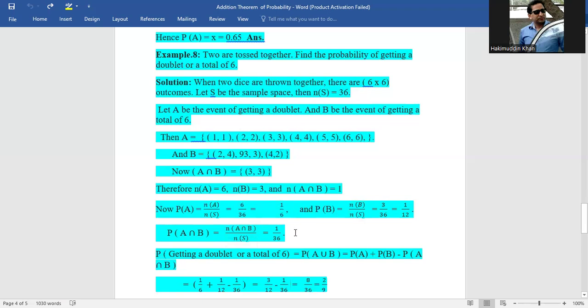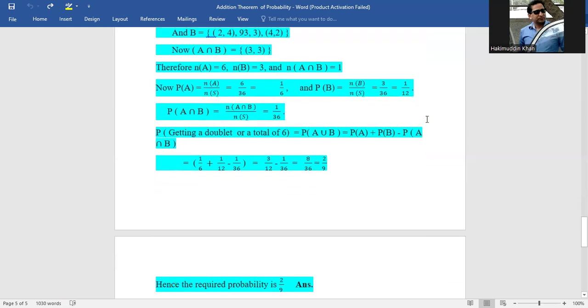So P of getting a doublet or a total of 6 equal to P of A union B. So we have to calculate here P of A union B equal to P of A plus P of B minus P of A intersection B. Write down all the values here. 1 by 6, the value of P of A, plus 1 by 12, value of P of B, minus 1 by 36, value of P of A intersection B. So it becomes 3 by 12 minus 1 by 36 equal to 8 by 36, that is 2 by 9.